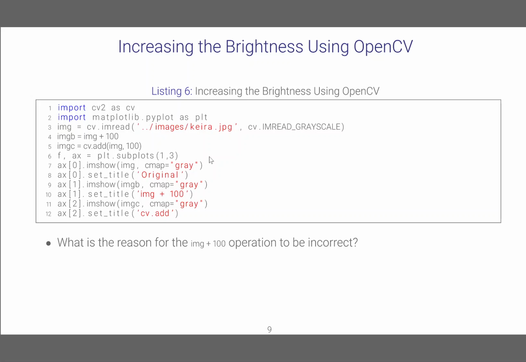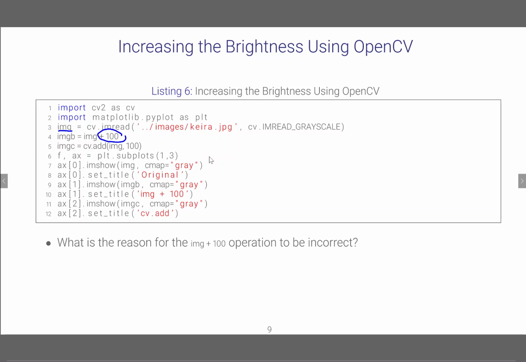Now let's think about increasing the brightness of an image. In order to do that, we can open an image and then we can just add 100. Now, is this correct? Because remember, images are represented using uint8 numbers, and when you add 100, can something wrong happen? So we will look at it when we look at the example.